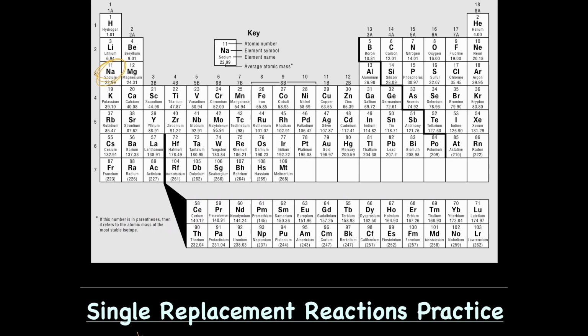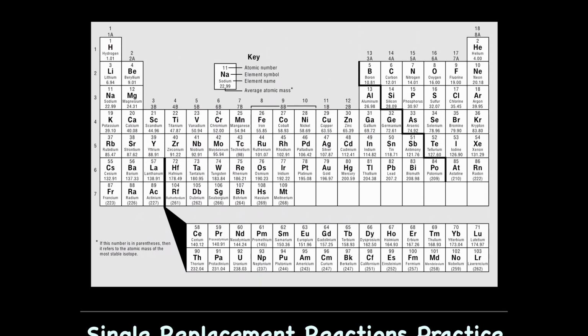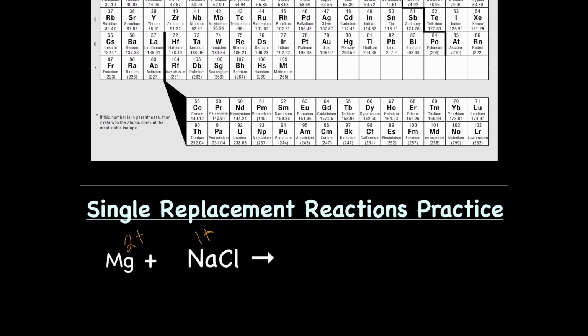He's going to lose 1 electron to become isoelectronic with neon, giving him a 1+ charge. And our last is chlorine, nonmetal. He's going to gain 1 electron, becoming isoelectronic with argon, giving him a 1- charge.